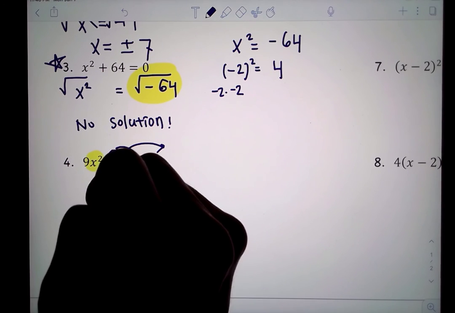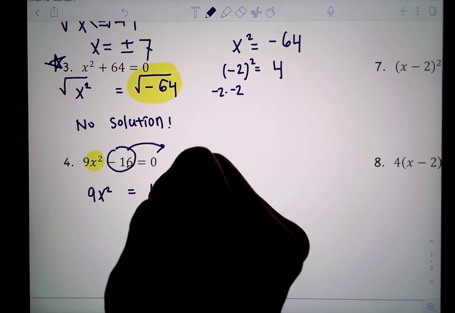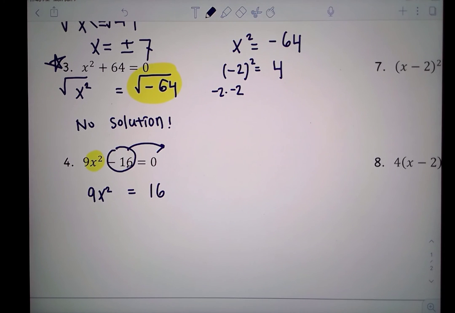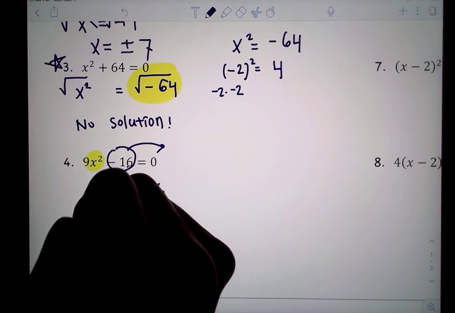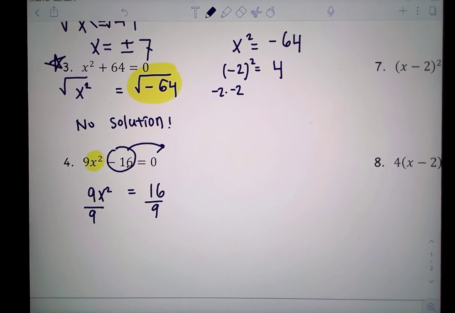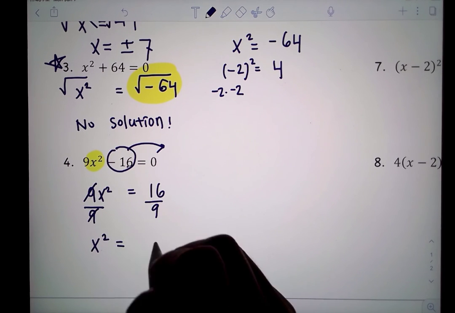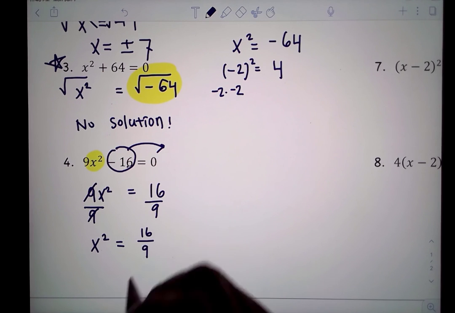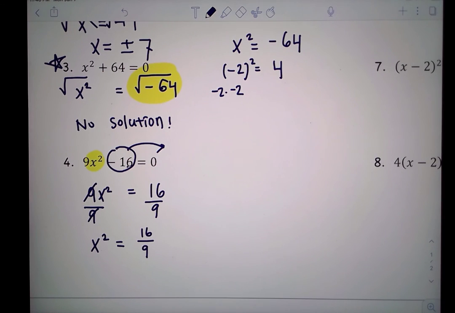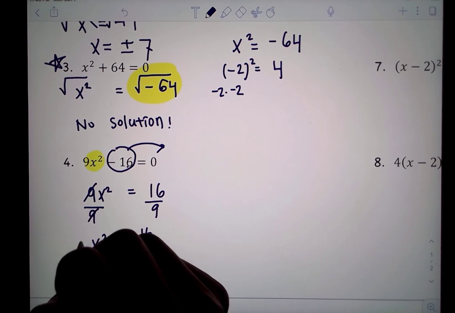Then you get 9x squared equals 16. And we don't need that 9, right? So divide by 9, divide by 9. Then you get x squared equals 16 over 9, right? And then what do we do? Take the square root, right? Because I want to get the x value. So you just take the square root.